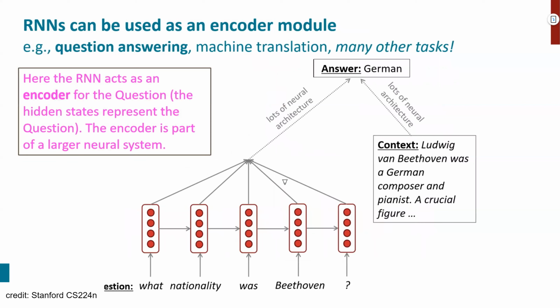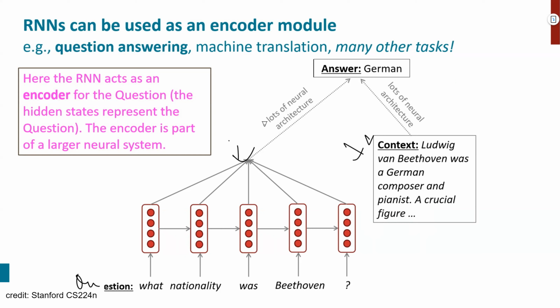And we can also do question answering. For example, this is the question: What nationality was Beethoven? And here we're given the context. And we need two systems. The first one is to encode the question, and the second one is to encode the context. Or you can use the same encoder for both the question and context as well.